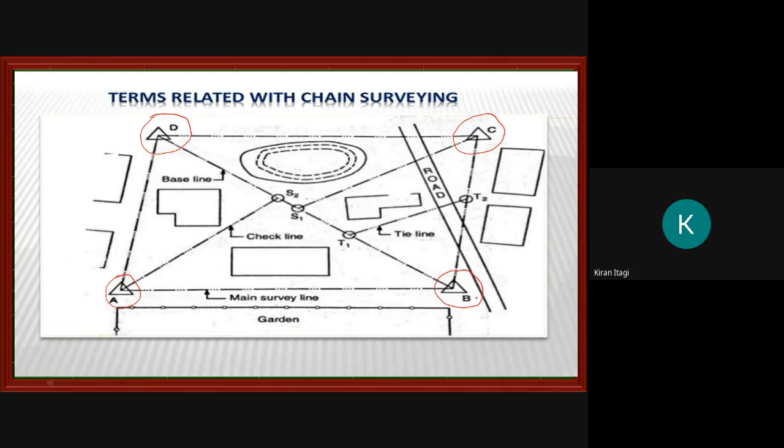Station A, station B, station C, and station D. These are some main stations, just remember that. Then we can see these small circles, S1, S2, which are of another type. Then we have T1 and T2.